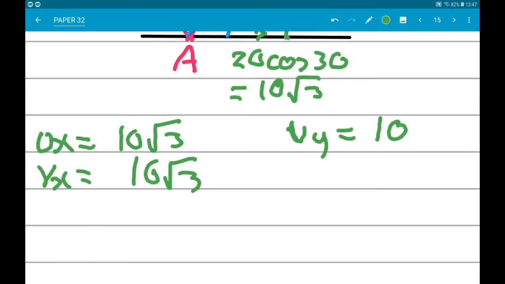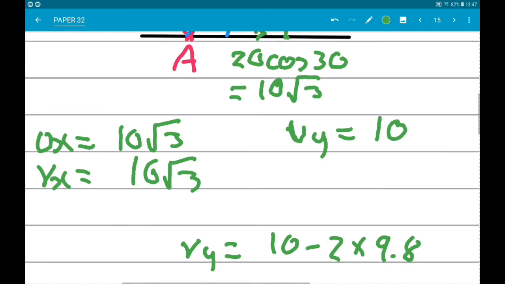So Vy is 10 add 2 times minus 9.8. So minus 2 times 9.8. Now that gives us minus 9.6.